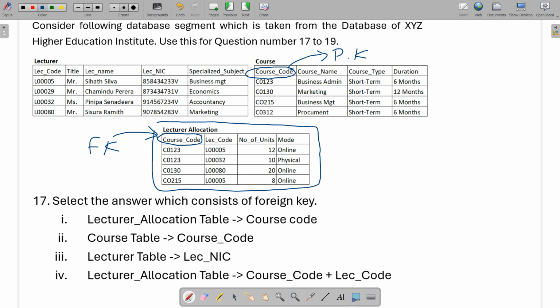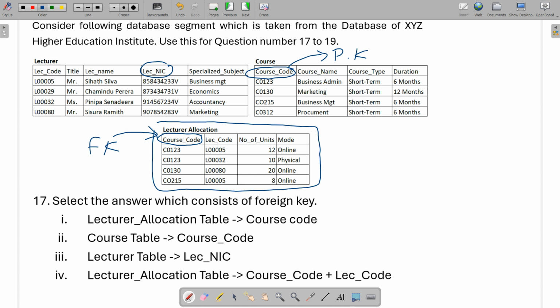And lecture table, lecture NIC. This is not going to be a foreign key because it has not become even a particular primary key. So lecture table NIC is not going to be the correct answer, as it does not show any foreign key concept.